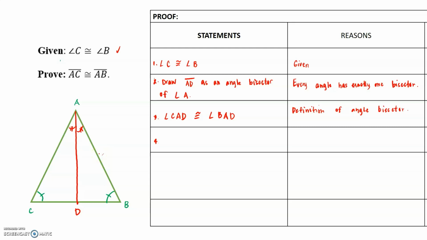Yes, there is a common side, and that is side AD. So, just like what we did last time, we'll say segment AD is congruent to segment AD. And our reason for that will be reflexive property.